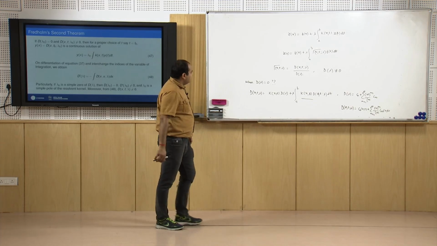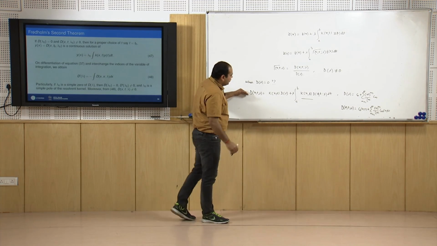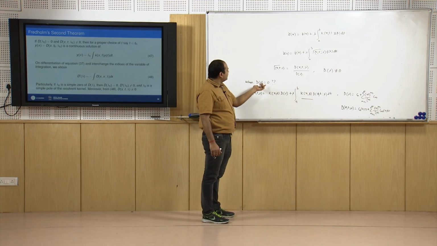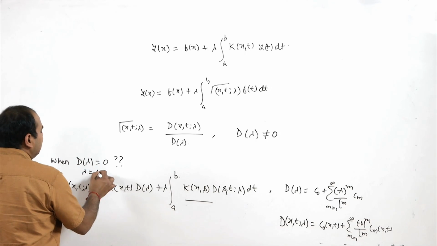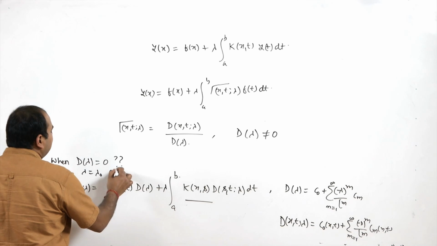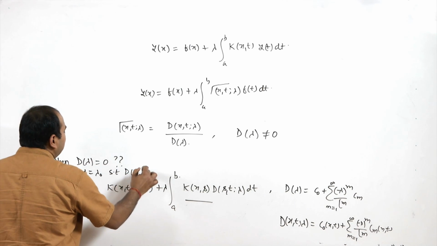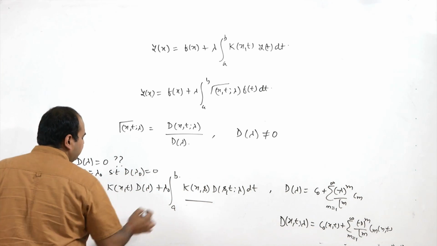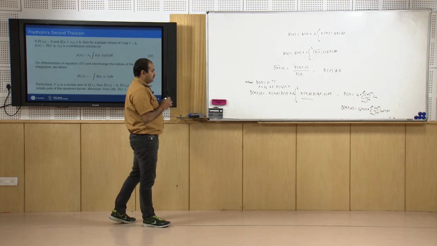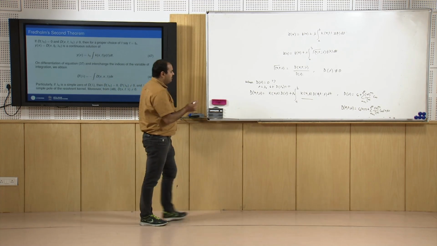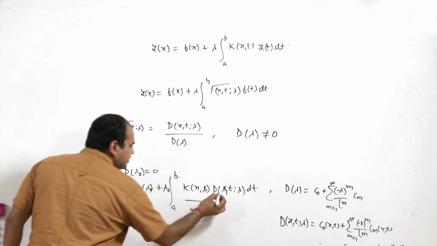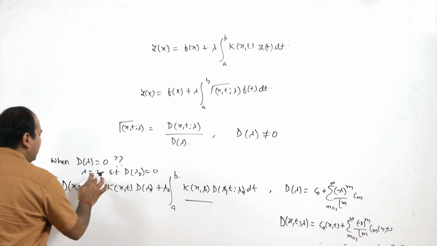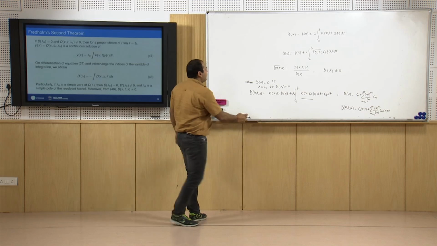Now, with the help of this integral equation only, we try to consider the case when D of lambda is equal to 0. Let us say that you have the value lambda equal to lambda naught such that D of lambda naught is equal to 0. So for this particular value, D of lambda naught is simply 0, and this part simply vanishes.